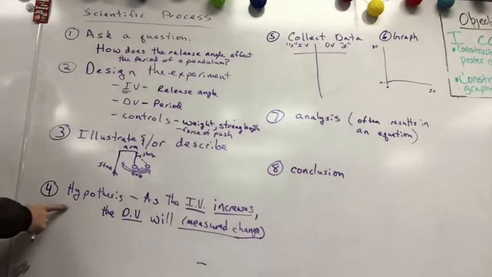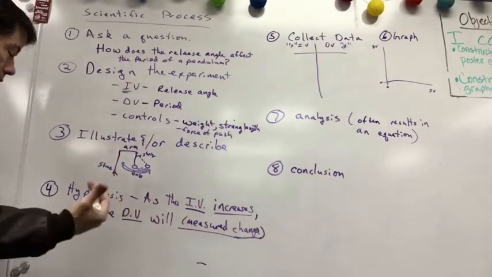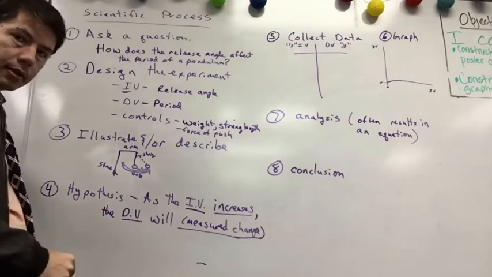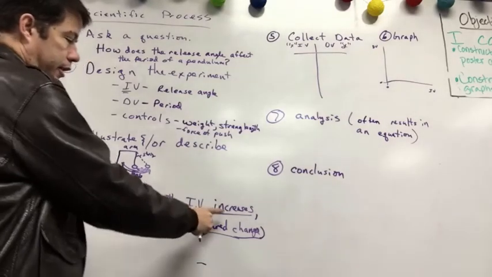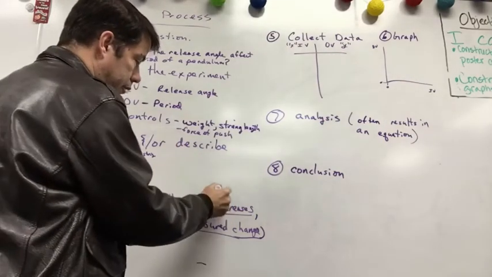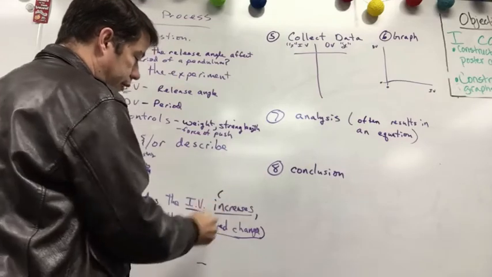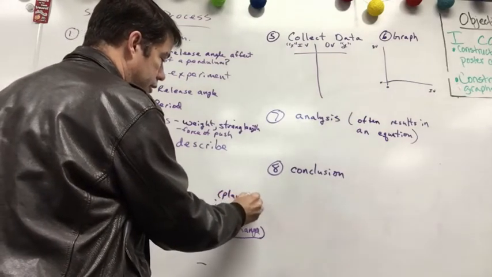The next step is, now that we've got an idea of what our experiment is going to be about, we're going to make a hypothesis. This is the general statement we came up with: as the independent variable increases, the dependent variable will result in a measured change. In this class, most of the time they're going to increase, but you could also say instead of increase, this is the planned change.